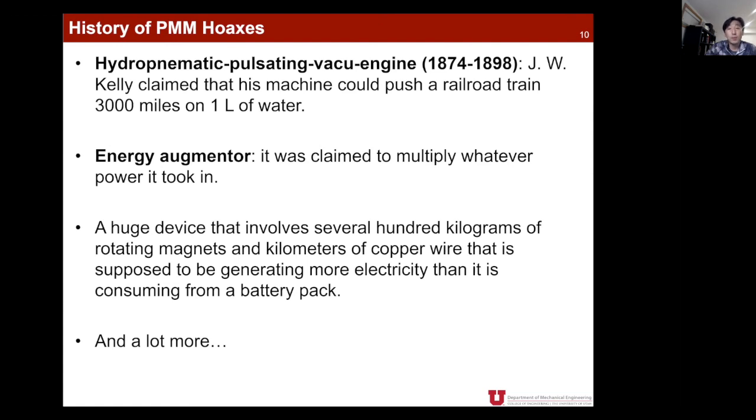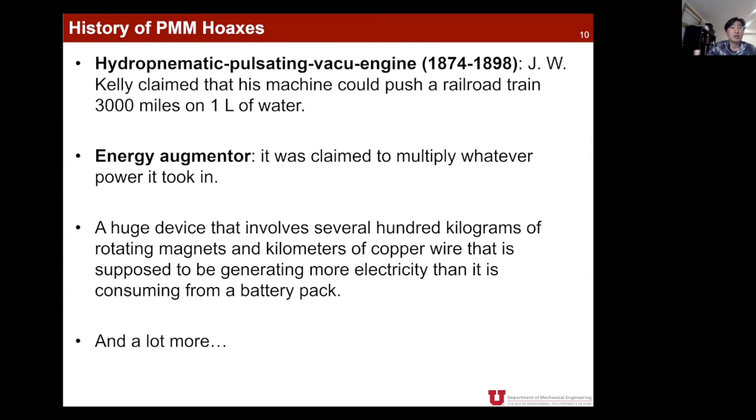A lot of people believed it, invested a lot of money, and they lost everything. Even you can Google PMM1 or PMM2 or perpetual motion machines, and you can find enormous types of false arguments or false claims about those types of machines.